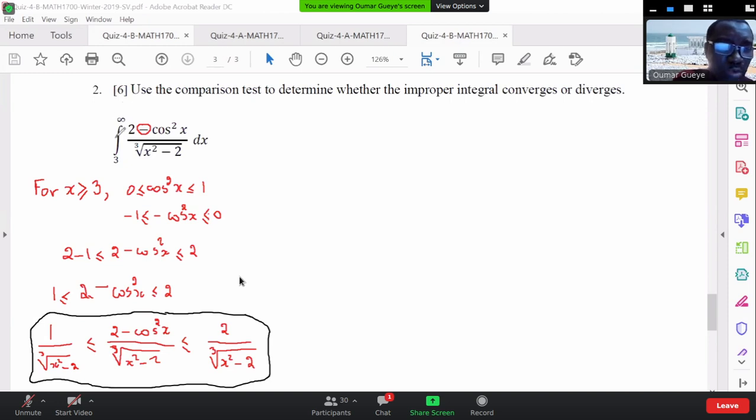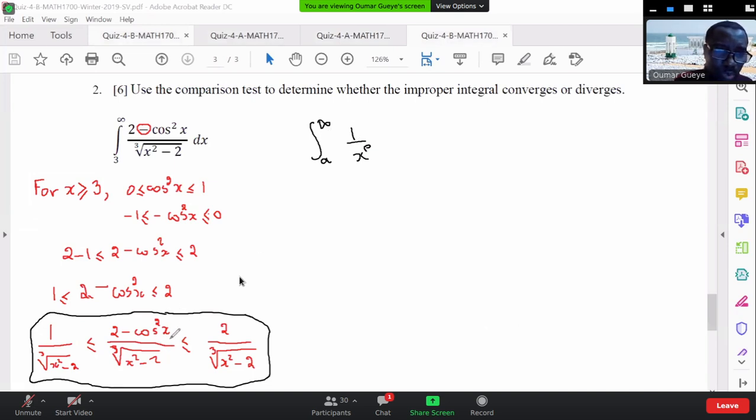So I have to compare my integral with the integral coming from the first p test, because I have a type 1 improper integral. For the first p test, we have the integral from a positive number a to infinity of 1 over x to the power p. I'm trying to compare this integral with something like that.